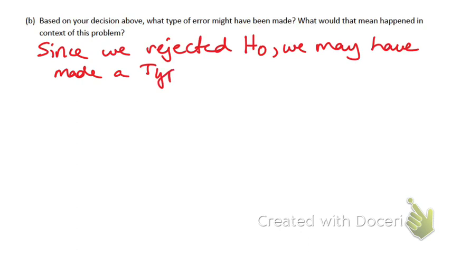Now, what's the big deal here? We said that the true proportion of the younger kids is greater than the true proportion of the older kids. What's the consequence of that? Nothing. It's just misinformation. So we said P1 is greater than P2, but it's not.